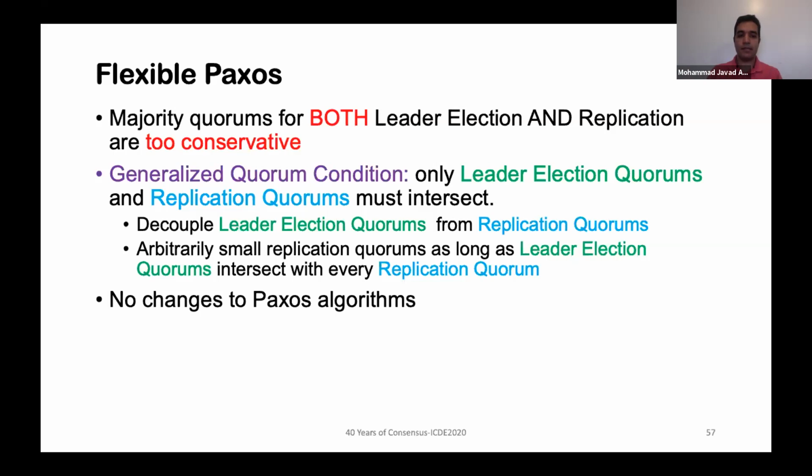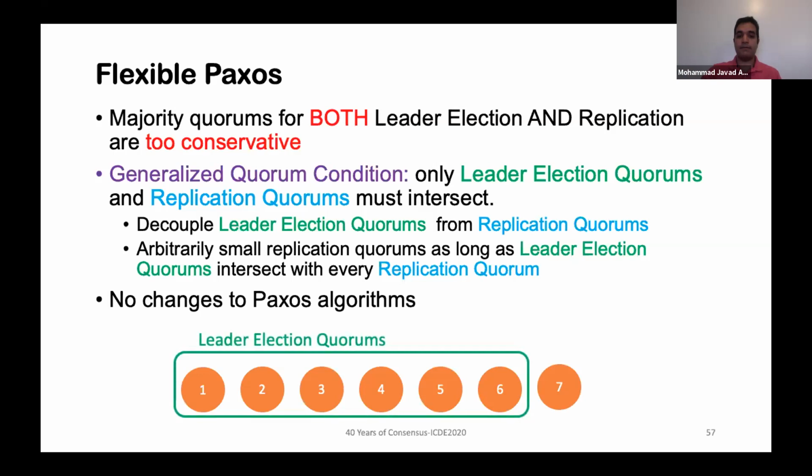As a result, we can have small replication quorums if there is an intersection between leader election and replication quorum. Basically, we can have a leader election quorum consisting of, for example, 6 nodes and a small replication quorum. As long as there is an intersection between leader election and replication quorum, then we are fine.